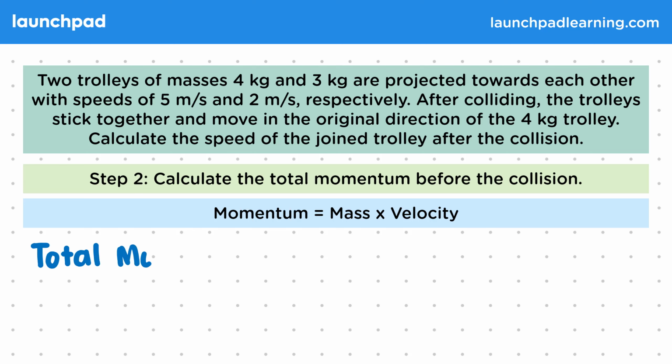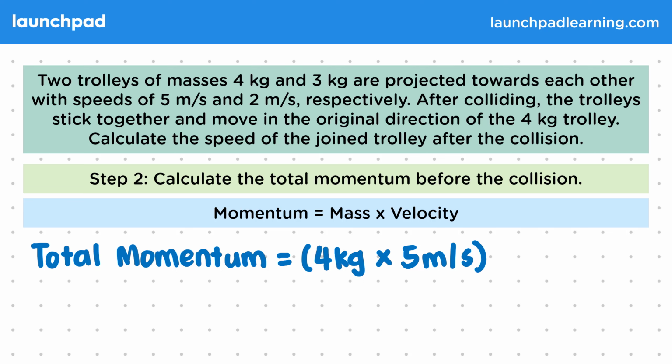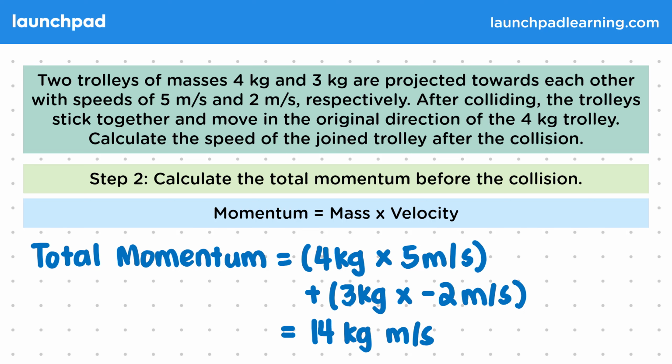So the total momentum is the momentum of the first trolley, which is 4 kilograms times 5 meters per second, plus the momentum of the second trolley, which is 3 kilograms times minus 2 meters per second. Remember that the second trolley was travelling in the opposite direction to the first, so we need to use a negative number for its velocity. Overall, we find that the total momentum is 14 kilogram meters per second.